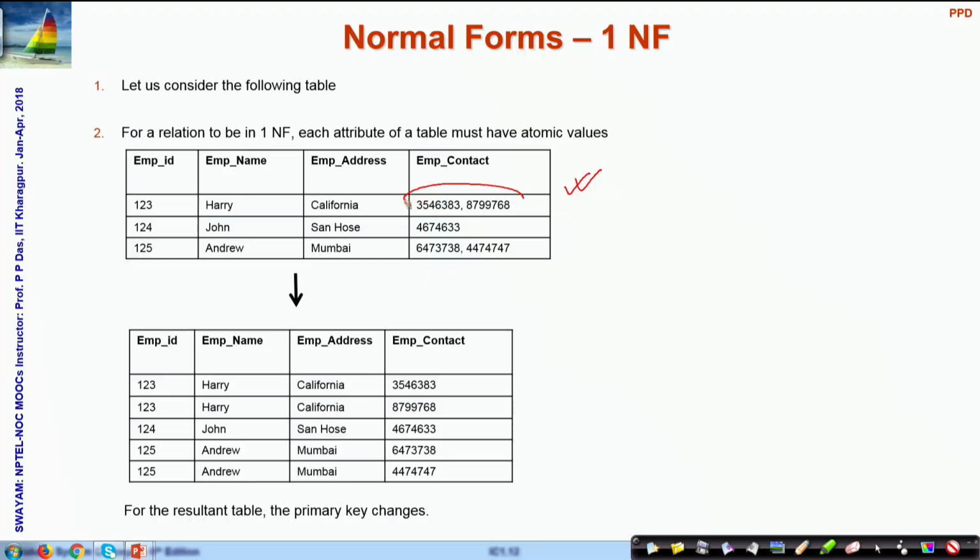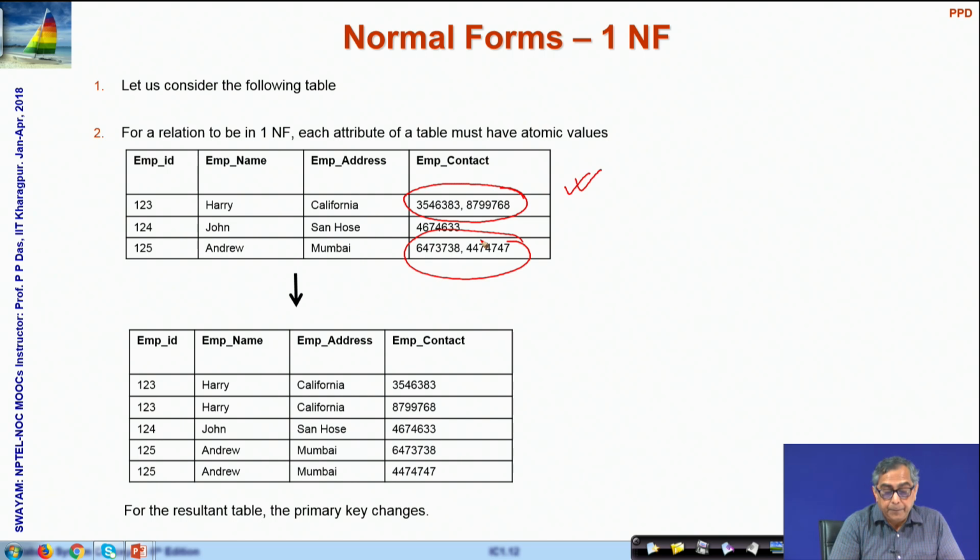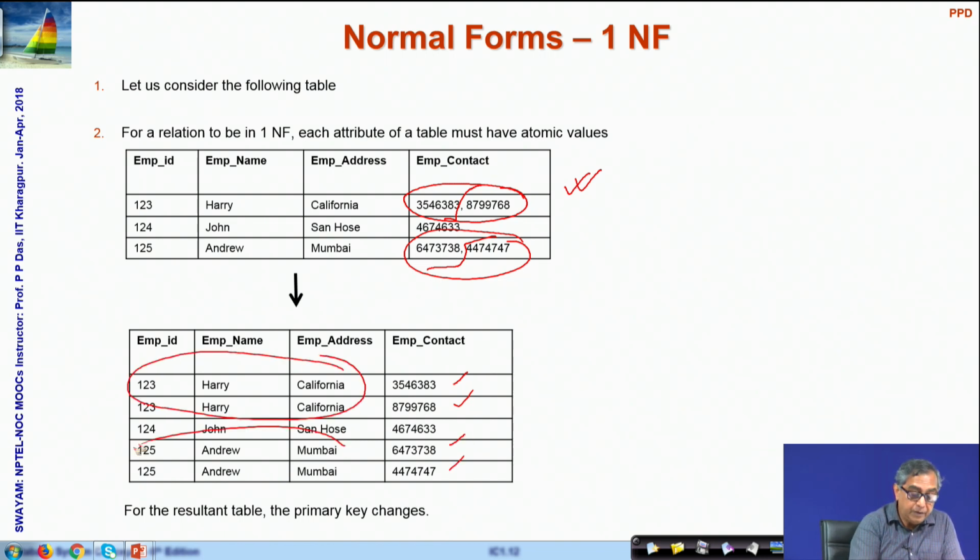You can easily see that here or here that is violated. So, this table is not in first normal form, and we can make it so by separating out these values, that is creating separate rows where these values are put in, naturally copying the common part of the attributes in the other tuples.